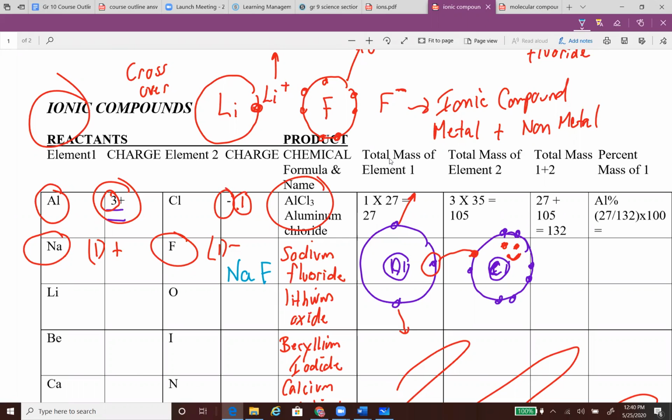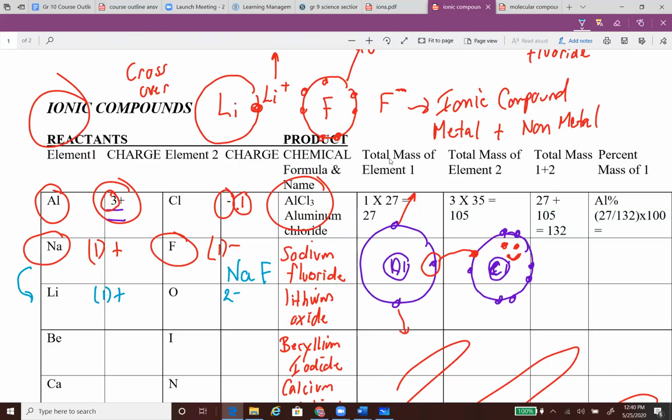That's good. But if we compare it to the next one, okay, well, lithium also wants to be +1, but oxygen wants to be -2. Okay, so what does that mean? That means, remember, this means 1, right?